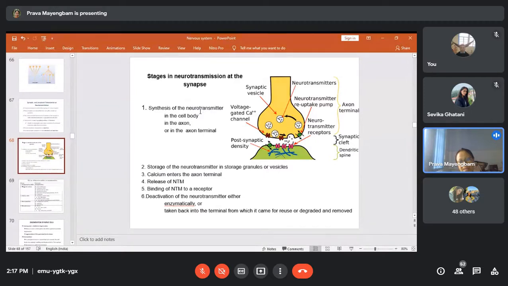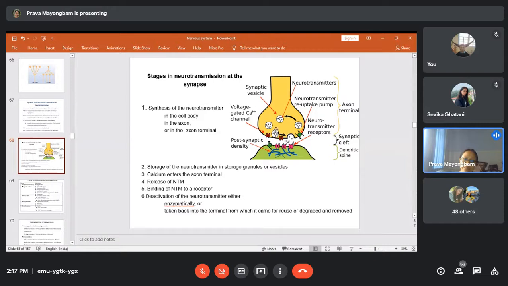It will be transported down the axon, and during this process of transport, it will get further matured, and then finally they will be matured and stored in the axon terminal in the form of vesicles. Then the neurotransmitters are stored in the vesicles, or they are simply the storage granules.